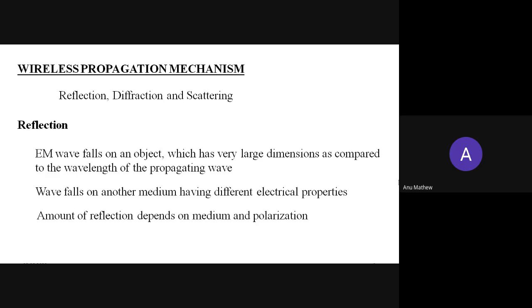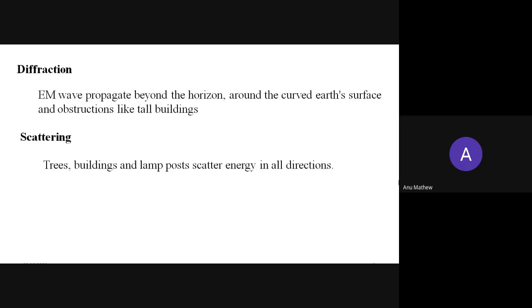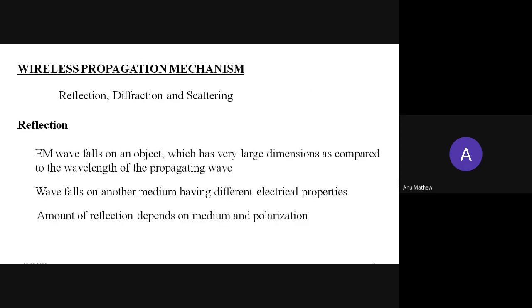If the wave is incident on a dielectric medium, some energy is reflected back and some energy is transmitted. If it is a perfect conductor, all the energy of the electromagnetic wave is reflected back to the first medium.